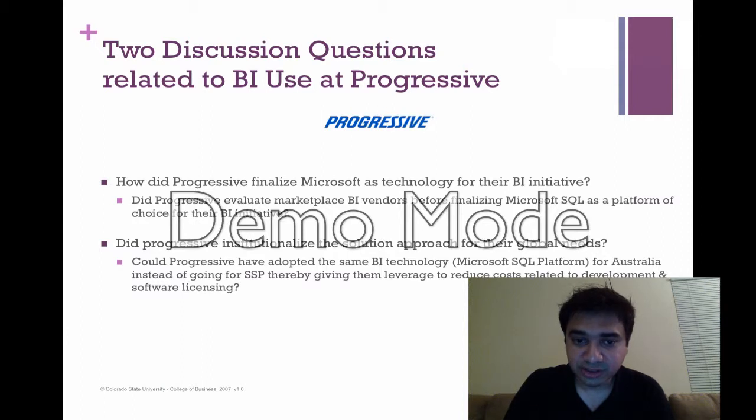This could possibly have helped them leverage the skills and competencies they built on the Microsoft stack for other regions. At the same time, they could have reduced costs related to development and software licensing. These are commercial software products, and once you're already a customer of Microsoft, you could get more discount schemes for using that software in other areas as well.